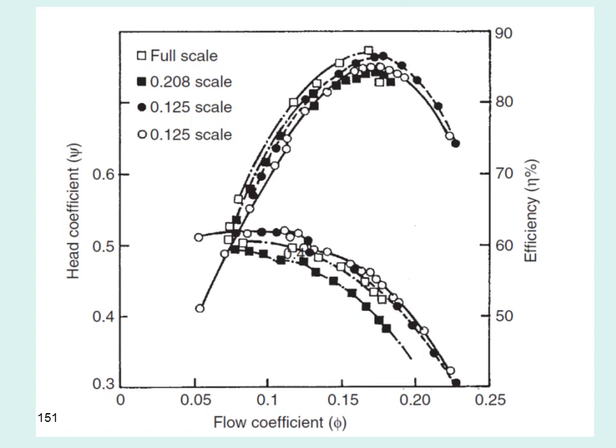As you see here, the hollow squares represent the full scale turbine, which has a higher efficiency at any discharge. When we take the small scale model, the hollow circles, we can find this is the minimum efficiency. This means the efficiency increases as the size of turbine increases for the same flow ratio.